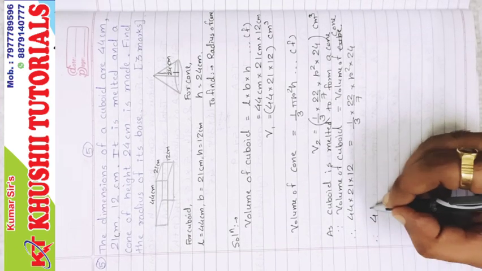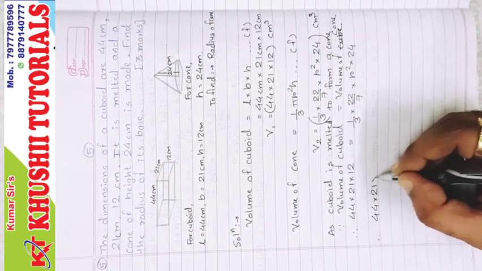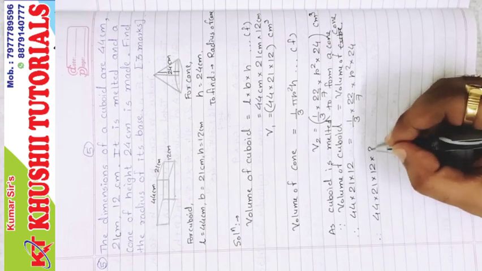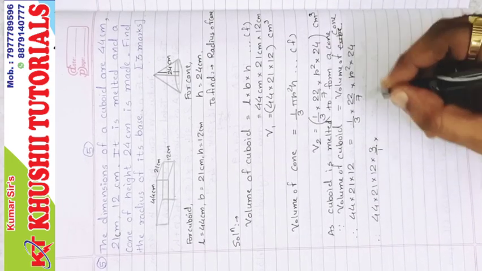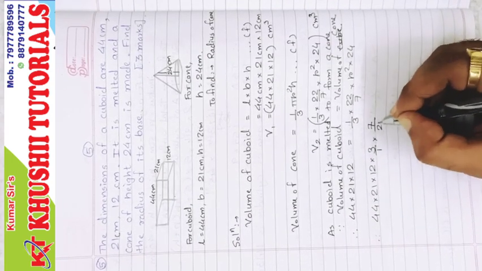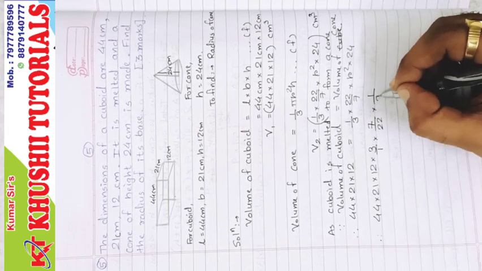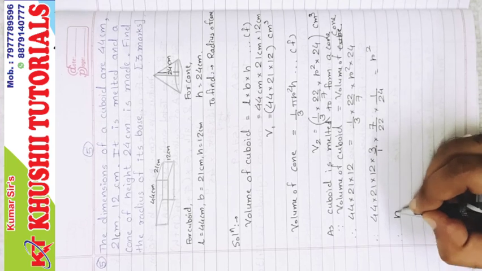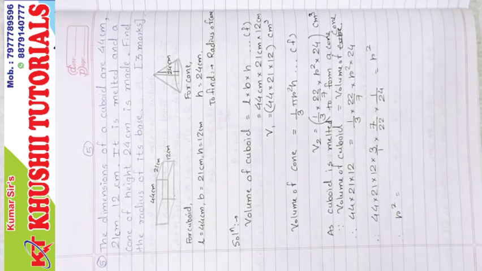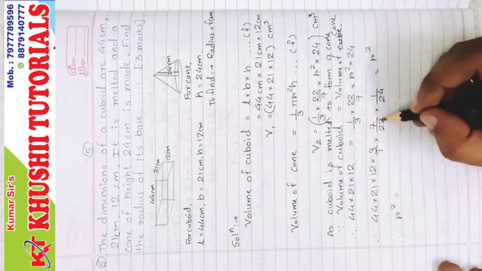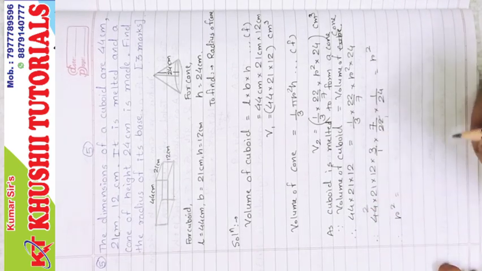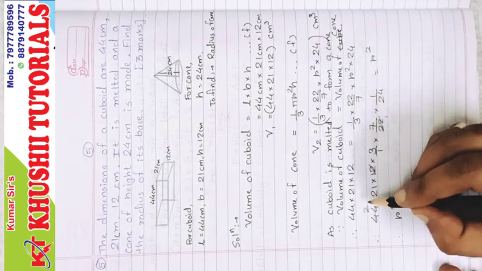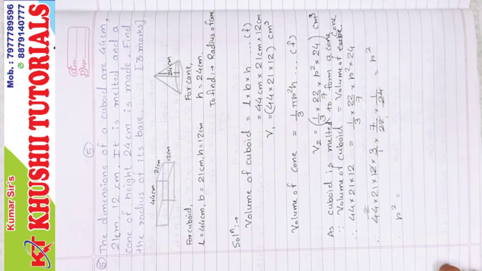So 44 into 21 into 12 into 3 by 1 into 7 by 22 into 1 upon 24 equals r square. So r square equals, now cancellations: 22 1s are 22, 2s are 44, 12 2s are 24, 24 got cancelled.